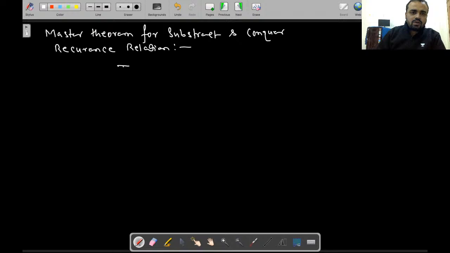See, subtract and conquer recurrence relation क्या होता है? T of n is equal to a t of n minus b, and plus f of n. So this is the take example.